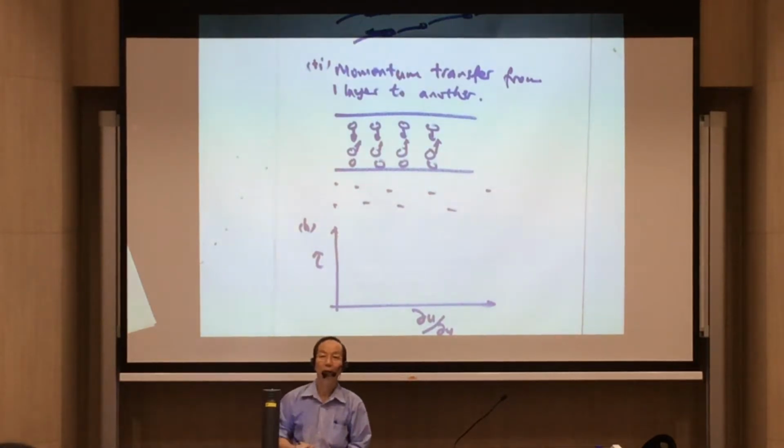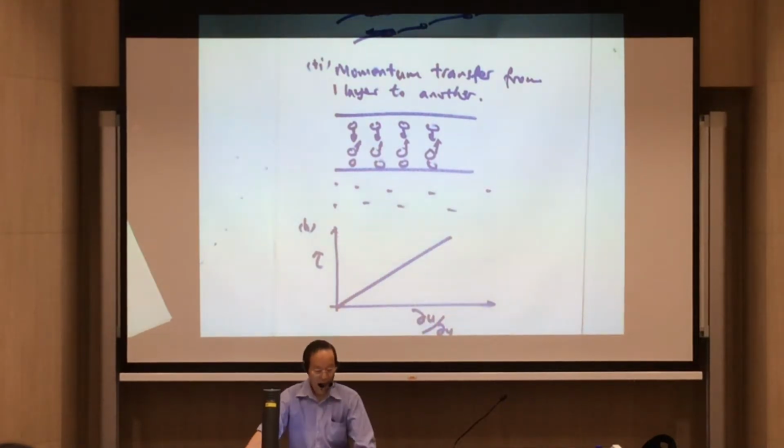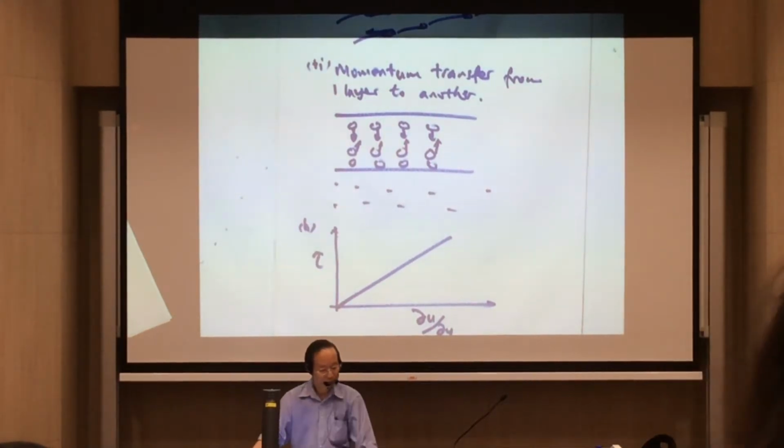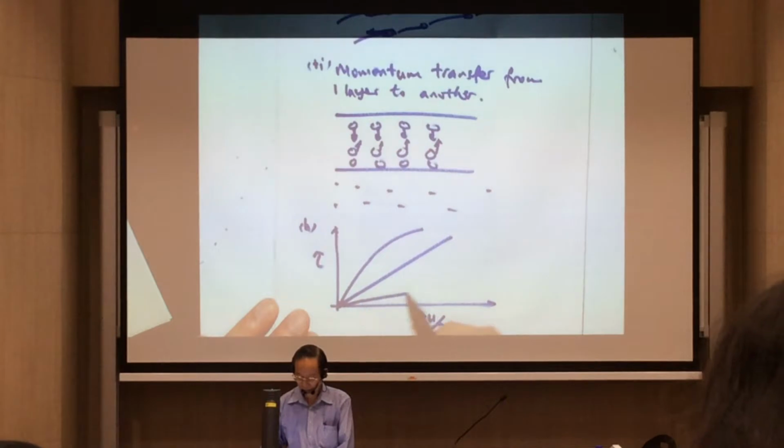It is a straight line. Newtonian fluid is a straight line. For non-Newtonian fluid, we can go this way or that way.